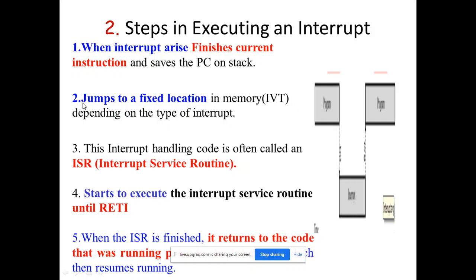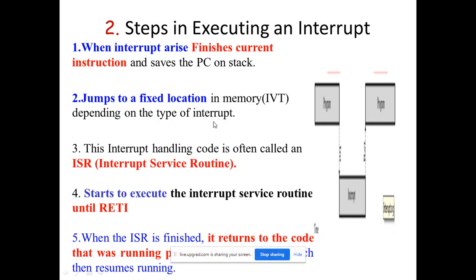After that, the controller jumps to a fixed location in memory which is indicated as the IVT, the interrupt vector table. Some portion of memory is dedicated as the interrupt vector table, depending upon the type of interrupt.